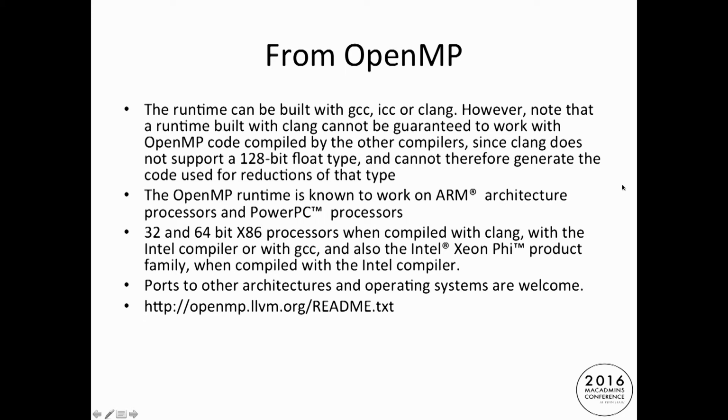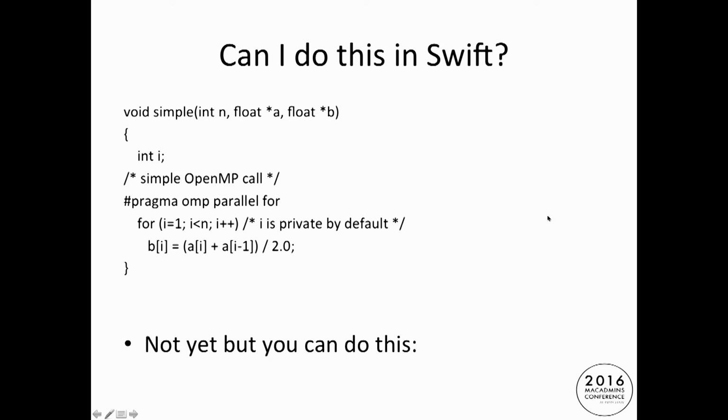And the nice thing about OpenMP is that you could use it with GCC, ICC, or Clang. If you could use it with Clang, you could then get to use it with Swift. So we're getting close to the roundabout method on how you would use Swift in HPC. So I'll show you a quick glimpse.